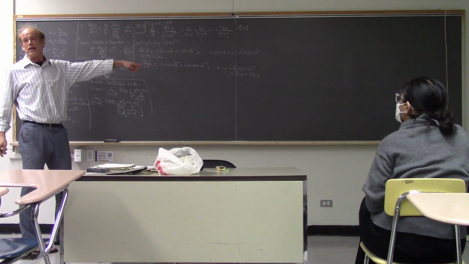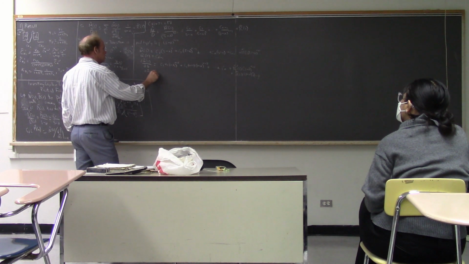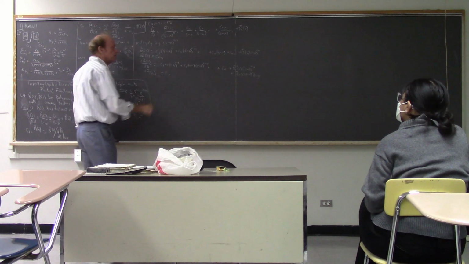So now I've isolated cn. So I can note that dm tilde ds at alpha is just equal to cn.